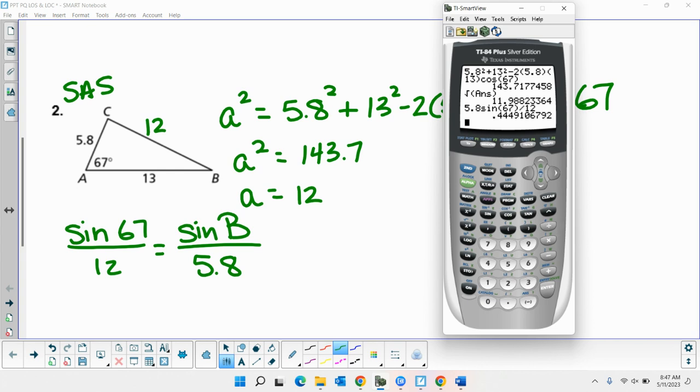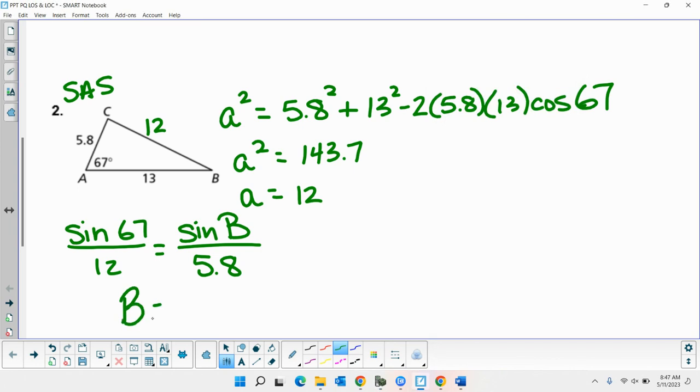And that's what the sine of B equals. So to find angle B, I have to hit inverse sine of that, okay? Which we hit on our calculator, second sine for inverse sine, second answer, so we don't have to type that in. We get 26.4 for angle B.